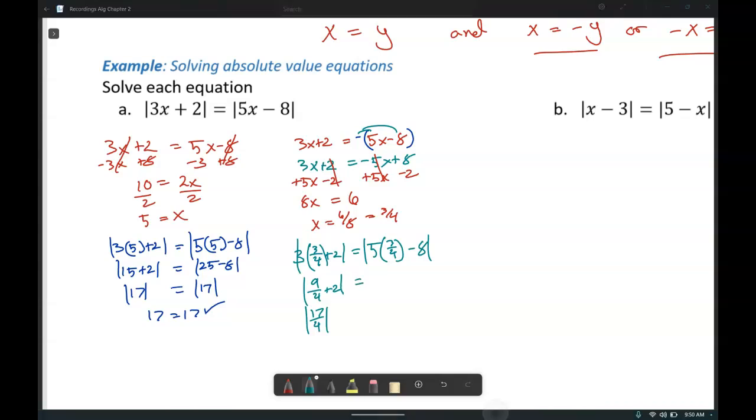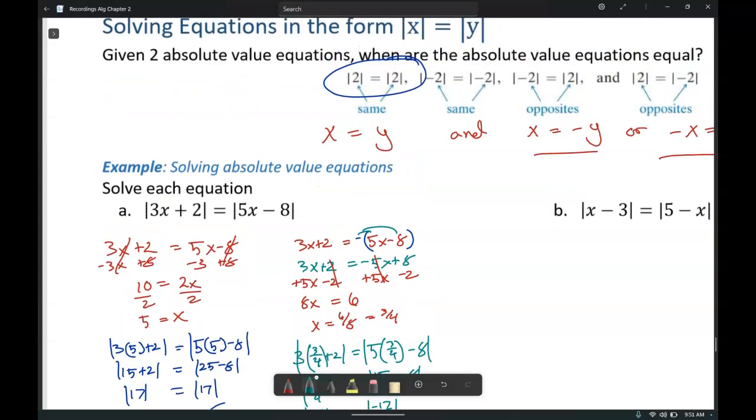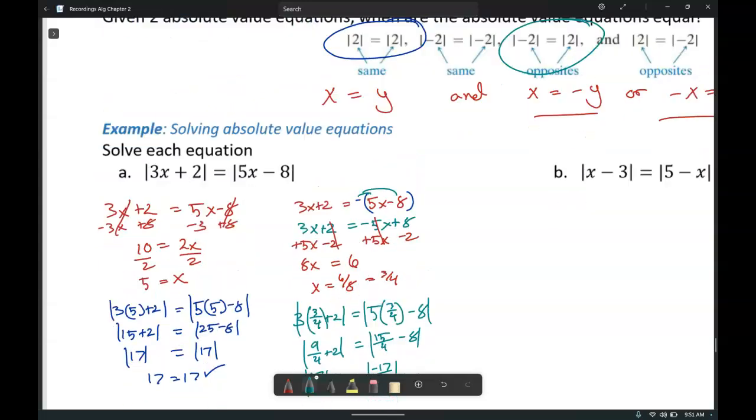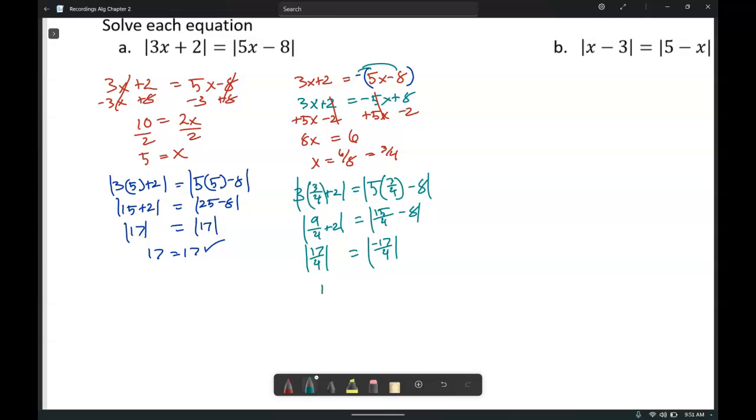And on the right-hand side, we get 15/4 minus 8, which equals negative 17/4, the absolute value. And notice how you have the absolute value of two opposite expressions, like this example up here. And we know that 17/4 absolute value is going to be the same as negative 17/4 absolute value. They're both 17/4. So we know that works as well. Therefore, our solution is 5 and 3/4.